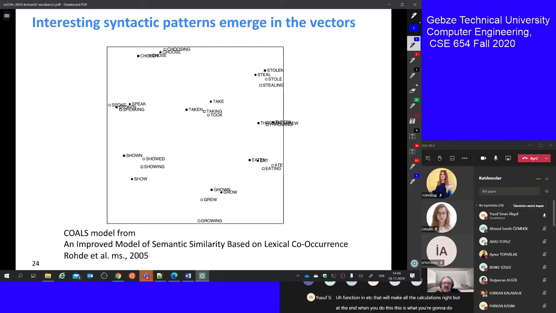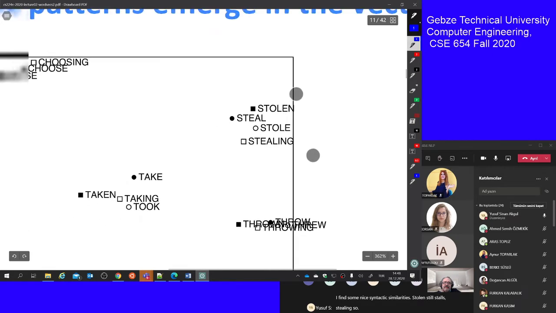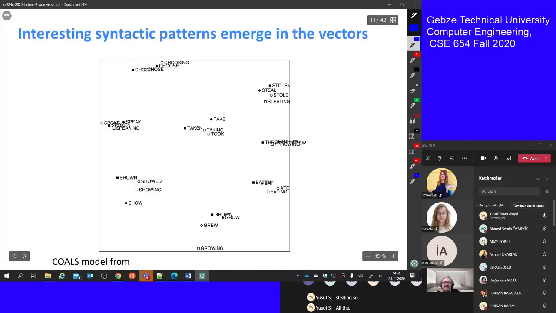But at the end, this is what you're going to get if you use the two-dimensional visualization of your words. As you see, I find some nice syntactic similarities. Stolen, steal, stole, stealing: all the words related to stealing are put together. These are all take. Again, this is 100% unsupervised.